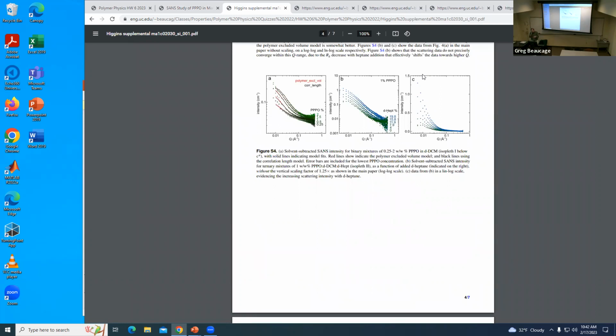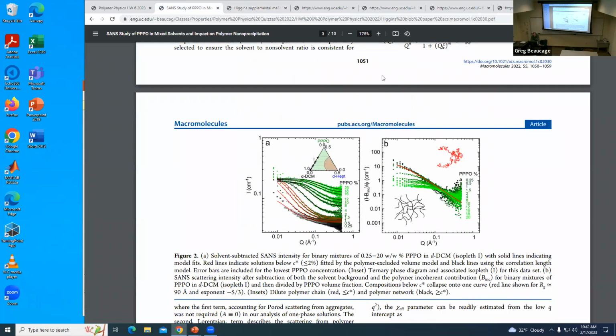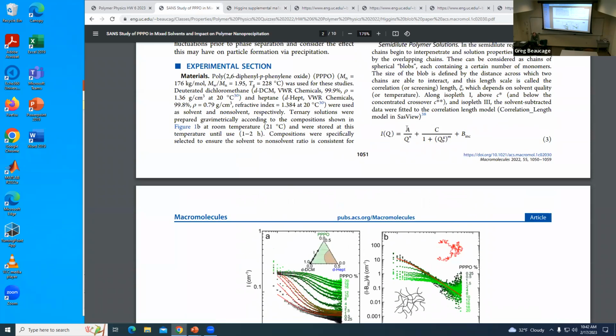So it's a power 4 that cuts in at low Q. They account for that power 4 by a fudge factor, the power n, which is 4, like it's the surface of micron scale things. Then they just add in their good solvent term, and they have some background term. So that's how they deal with it when it phase separates.